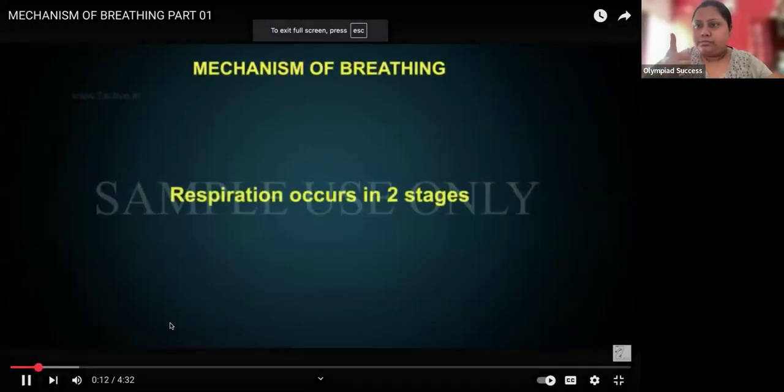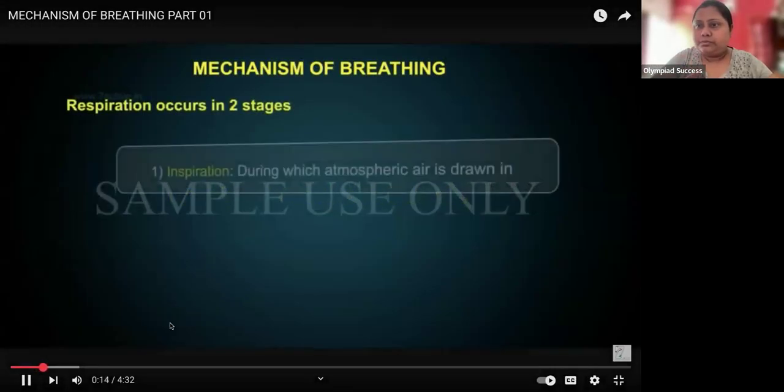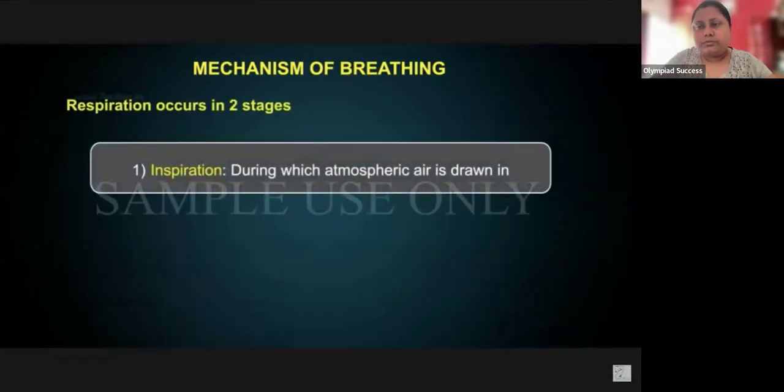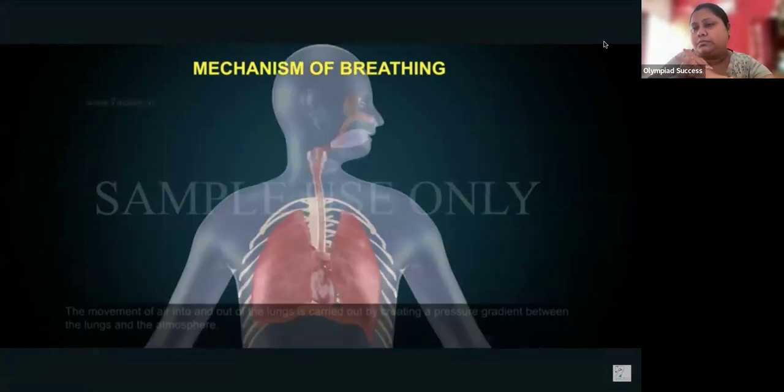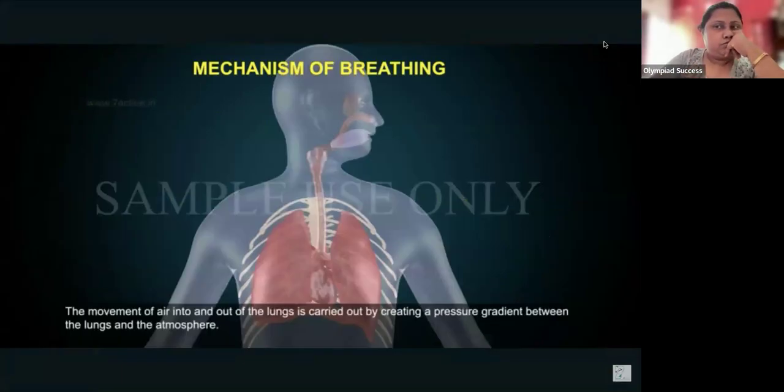Respiration occurs in two stages. 1. Inspiration, during which atmospheric air is drawn in. And 2. Expiration, in which the alveolar air is released out. The movement of air into and out of the lungs is carried out by creating a pressure gradient between the lungs and the atmosphere.